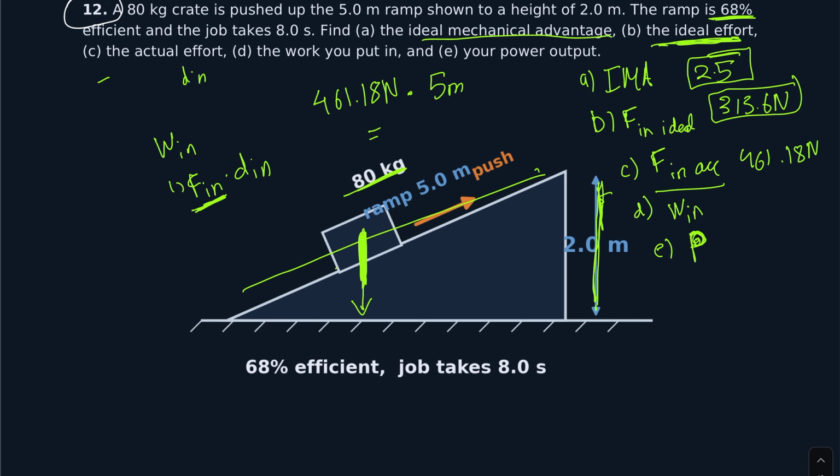So this should give us about 2305.9, which we could round up to 2,306 because it's already a large number. And then what are our units going to be? Newton meters or joules. Remember, Newton meters are only for torque.